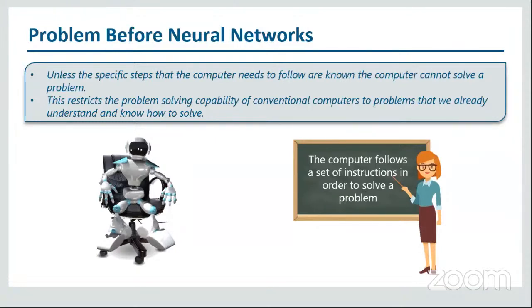But the biggest advantage of a computer is that if you have the right instruction, it can do things meticulously correctly, right? So that gap we have today, we try to fill using the neural network. Let's see that particular thing.